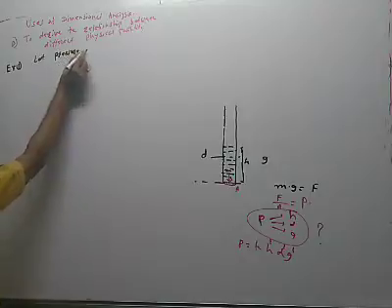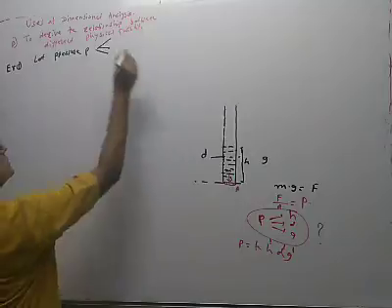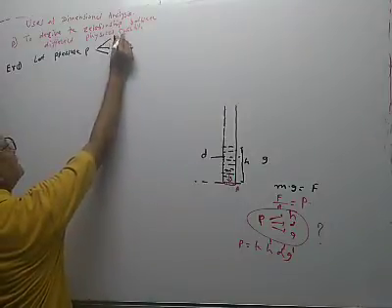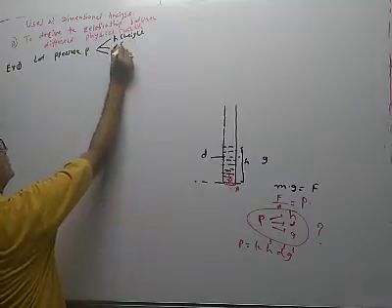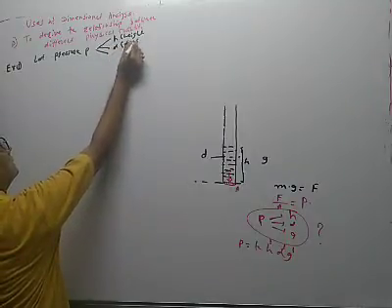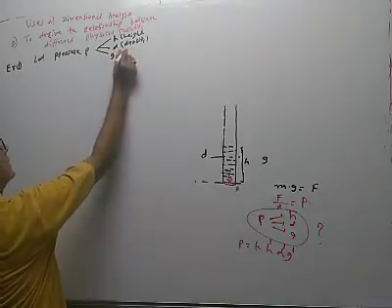Let the pressure of the liquid column P depend upon three factors: H, height, D, density, and G, gravitational acceleration.